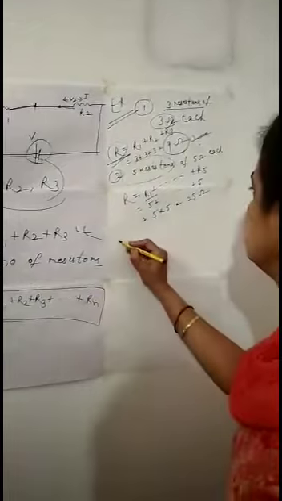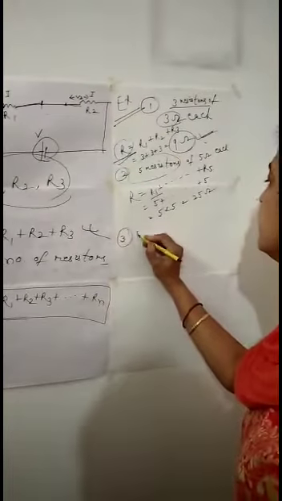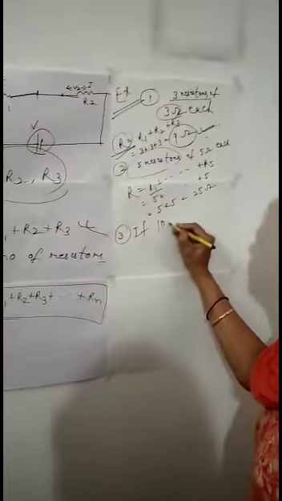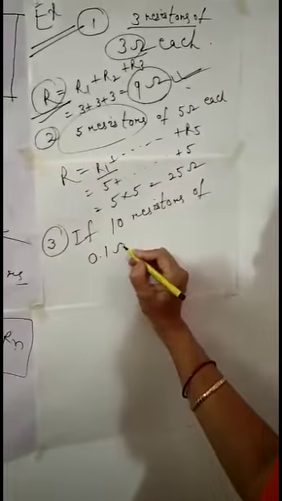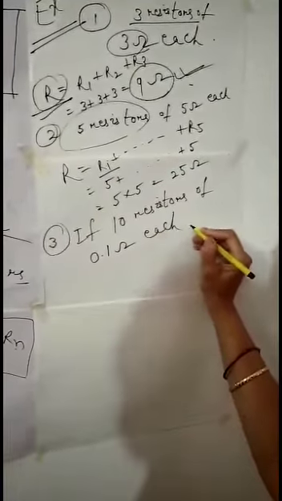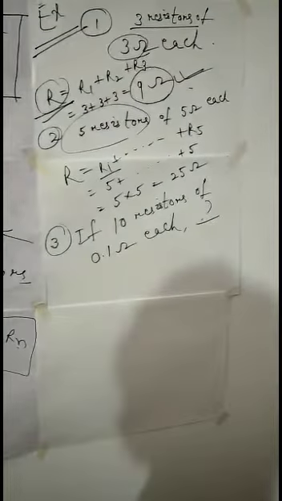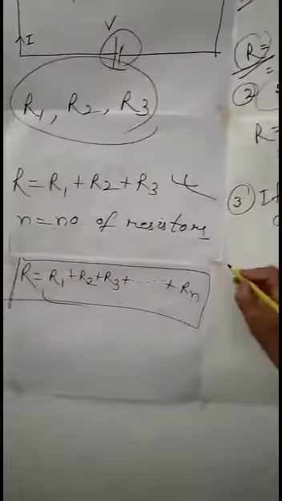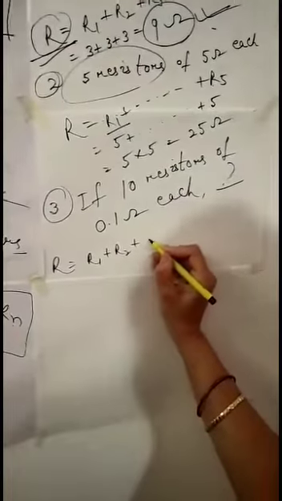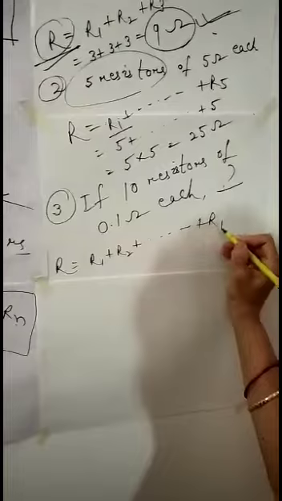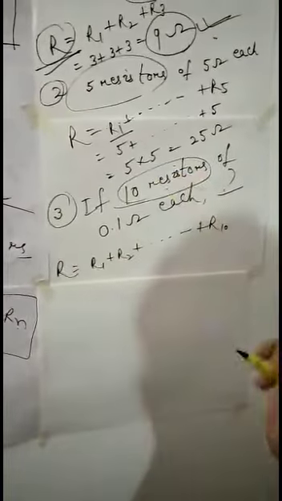Last example. If you take 10 resistors of 0.1 ohm each, then find out the value of the resultant resistance. Again apply the same formula. R is equal to R1 plus R2 up to R10, because there are 10 resistors.